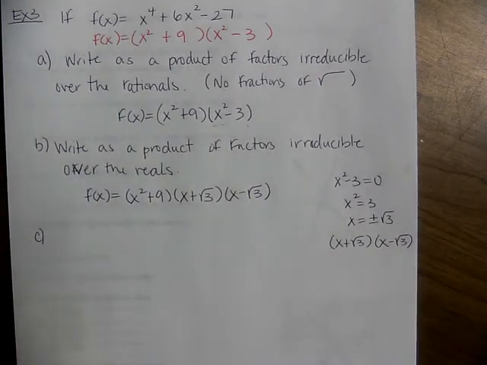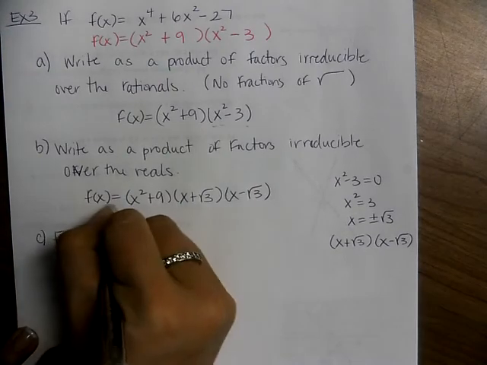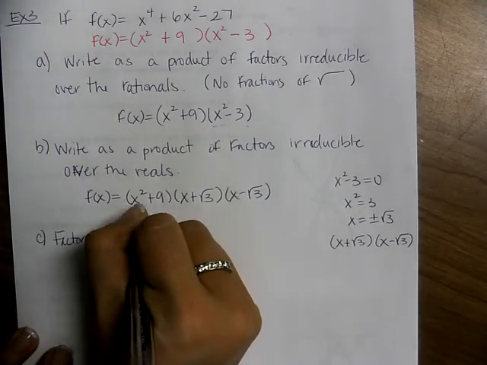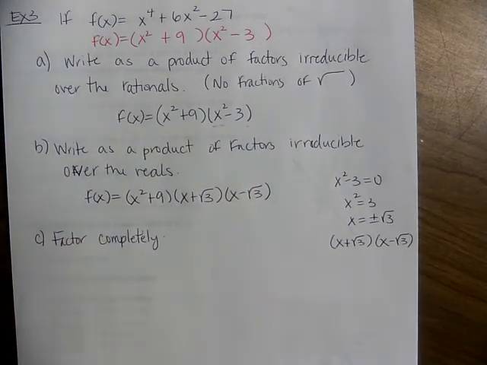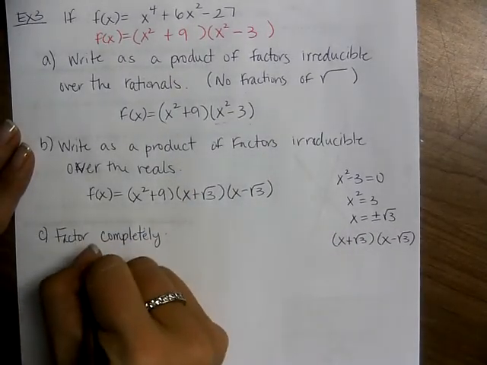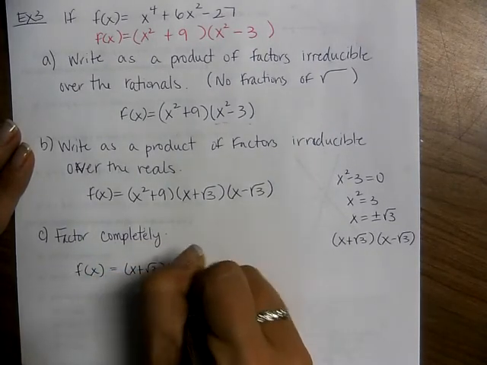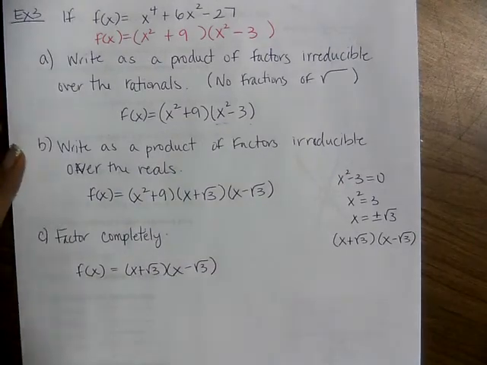Now finally, if the direction said to factor completely, that means you want to take this down so that x is to the power of 1 for each one of our terms. I've already done that for my x squared minus 3, so I know that x plus root 3 and x minus root 3 will be two of my factors.